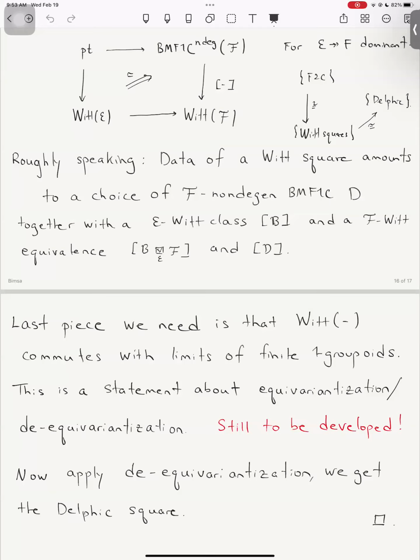Basically, if I de-equivariantize, then these two things are equivalent. So the statement about equivariantization and de-equivariantization is still to be developed, and essentially it boils down to a complete proof that these things commute with limits of finite one. When I say one groupoids, this is really just BG for some groups, so it's really just doing equivariantization.